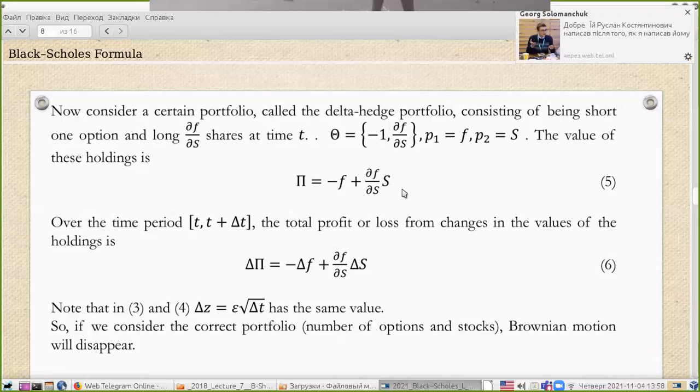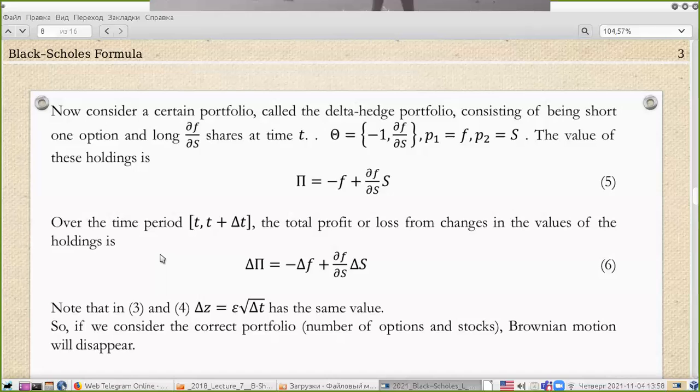After that, we would like to take a time period t plus delta t, and formula 5 we can rewrite in discrete form. Instead of P, delta P, instead of F, delta F, and S is replaced by delta S.